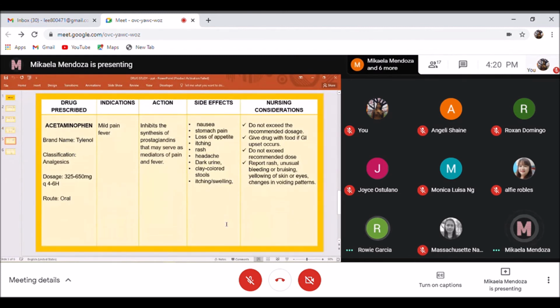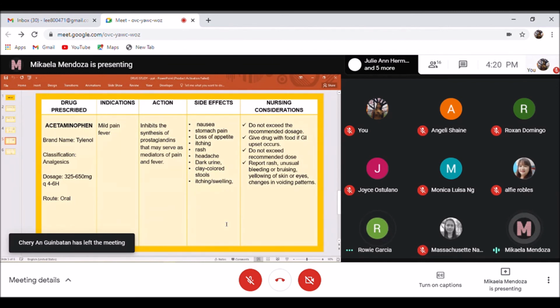Next, we have acetaminophen. Brand used was Tylenol. It is an analgesic and administered orally with the dosage of 500 milligrams every 4 to 6 hours. It is for mild pain and fever. It inhibits the synthesis of prostaglandins that may serve as mediators of pain and fever.